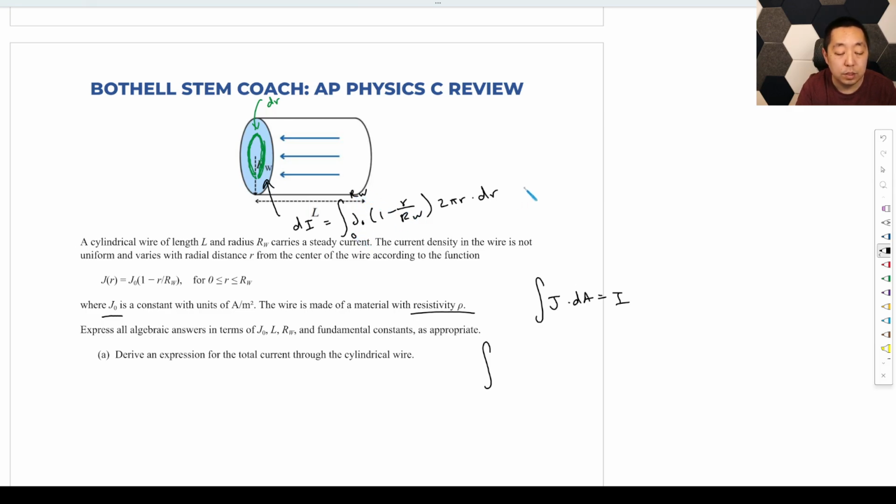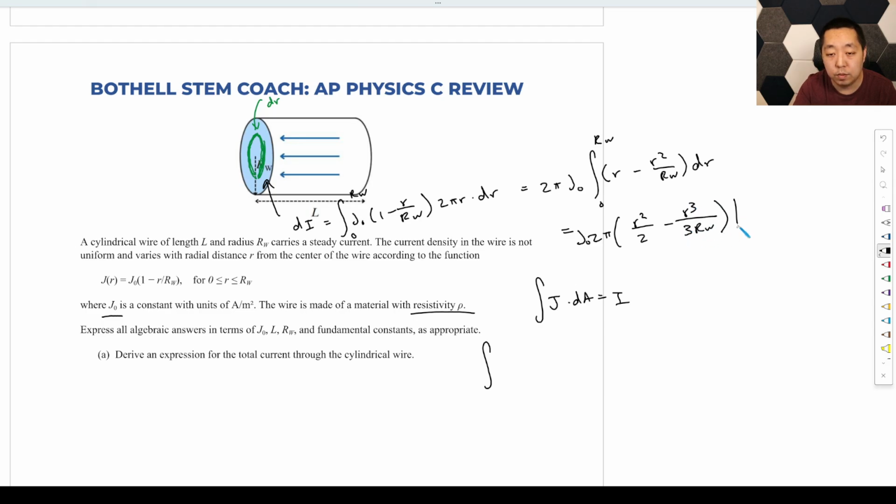Let's pull out everything that's a constant. That's 2 pi J0, integral from 0 to RW. Distribute the r: it's r minus r squared over RW, dr. So that's 2 pi J0 times r squared over 2 minus r cubed over 3 RW, from 0 to RW.